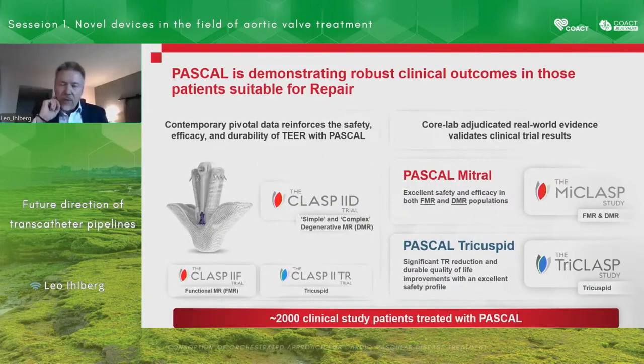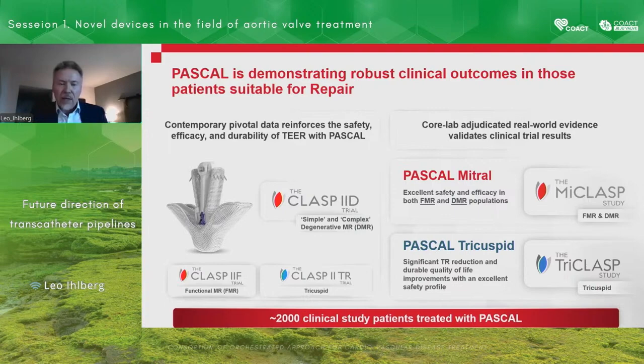Currently, when it comes to where we are at with generating evidence and data on PASCAL, it's basically a twofold story. We have multiple randomized trials ongoing called the CLASP trials, shown here on the left-hand side. The one being CLASP 2D, which is for primary valve disease, has already been enrolled.